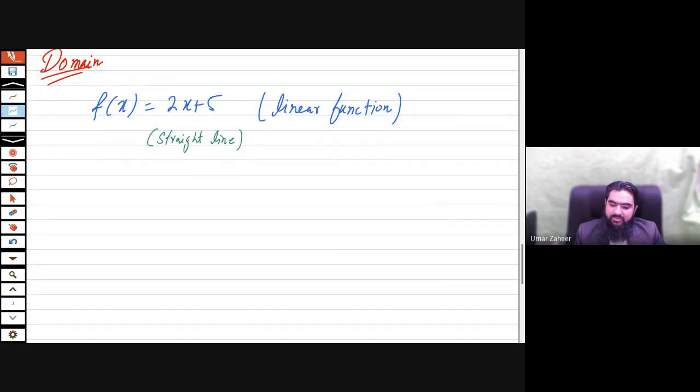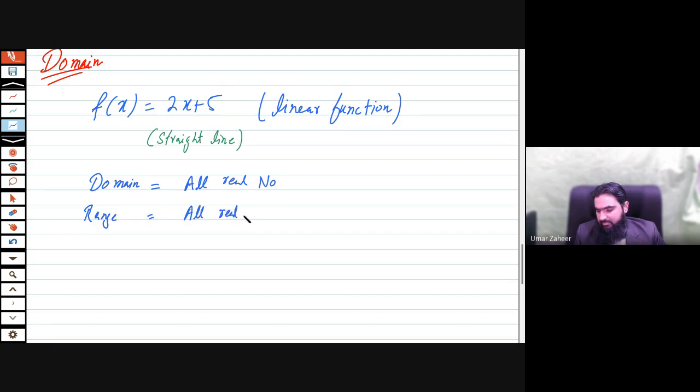So always remember, if you have a linear function, the domain of the function is all real numbers, and the range is also all real numbers, because you can substitute any value in it, and obviously the answer that you will get is from all real numbers as well.